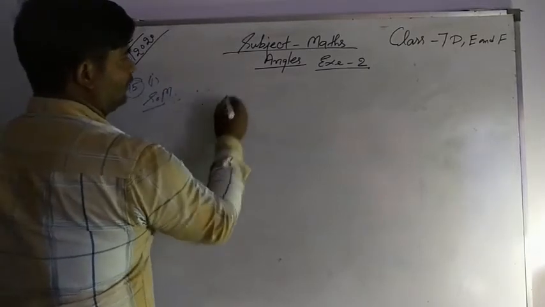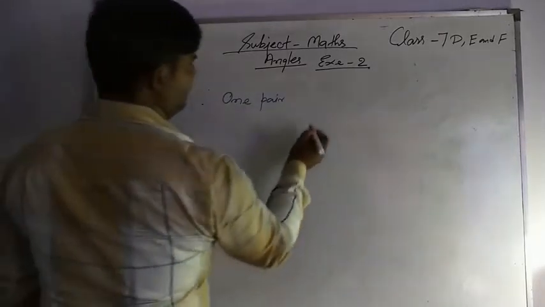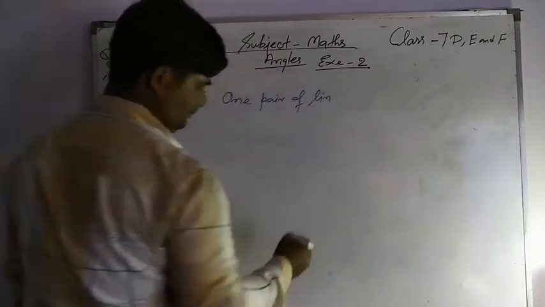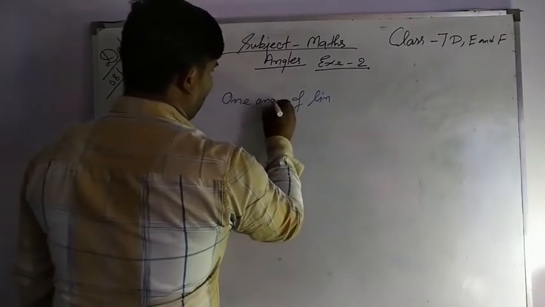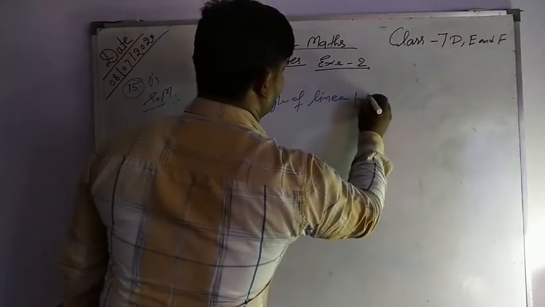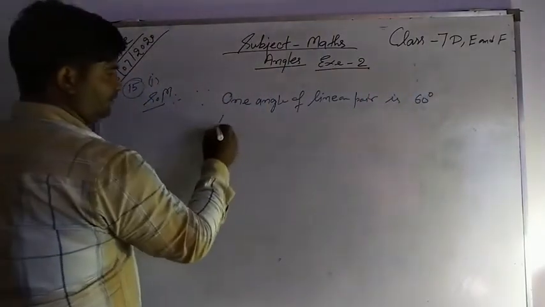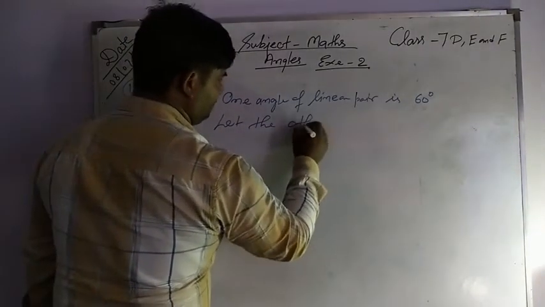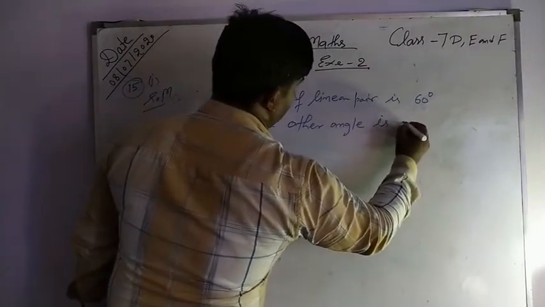Since one angle of a linear pair is 60 degrees, let the other angle be x degrees.